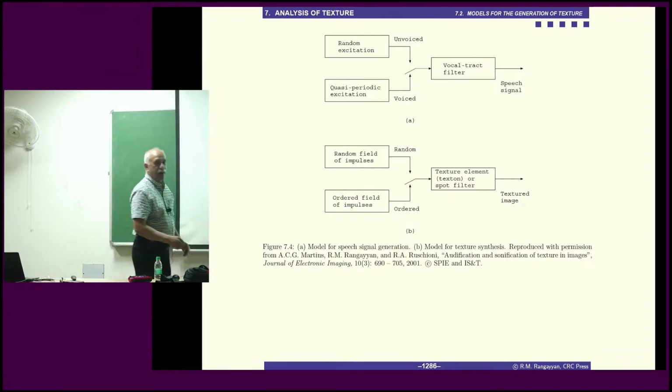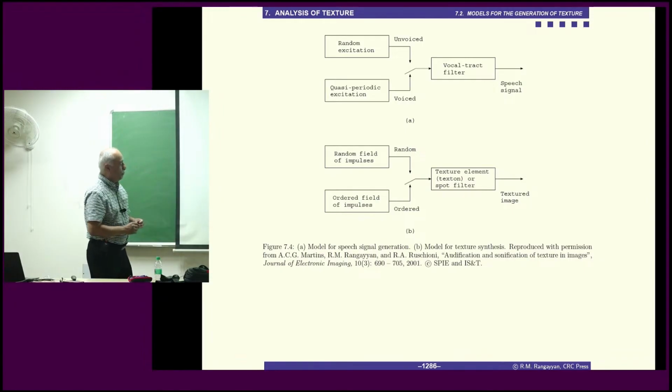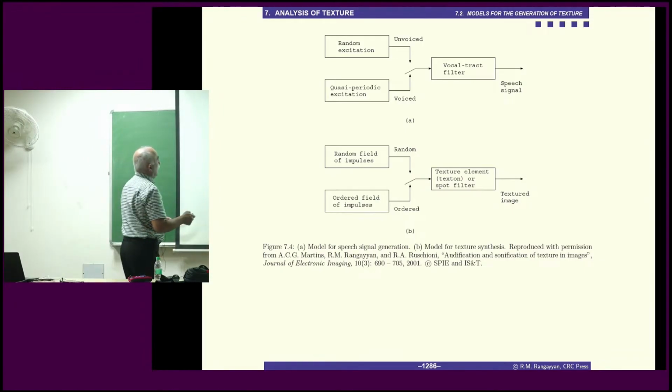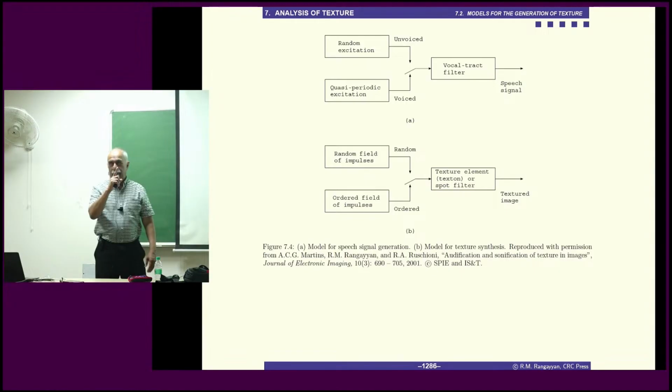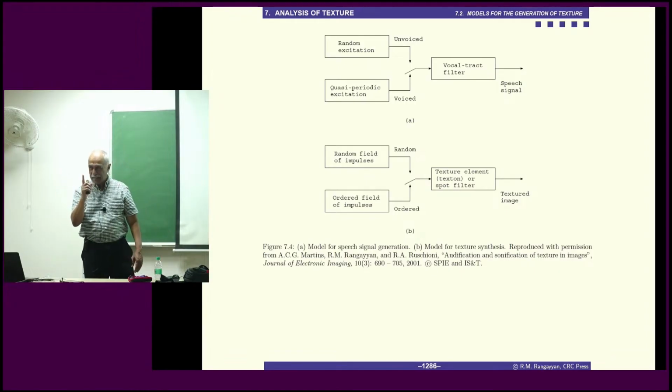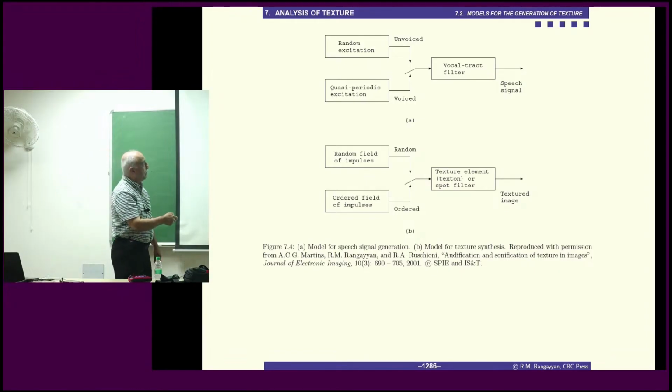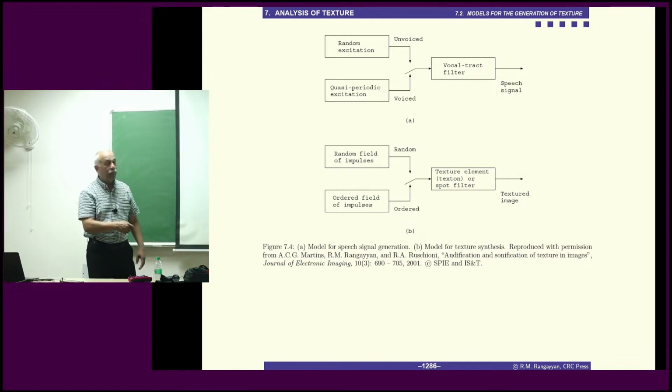In the texton model proposed by Julesz and others, we have a random field of impulses, random excitation, 2D, and quasi-periodic excitation, a periodic train of impulses or pulses. Here, an ordered field of impulses.